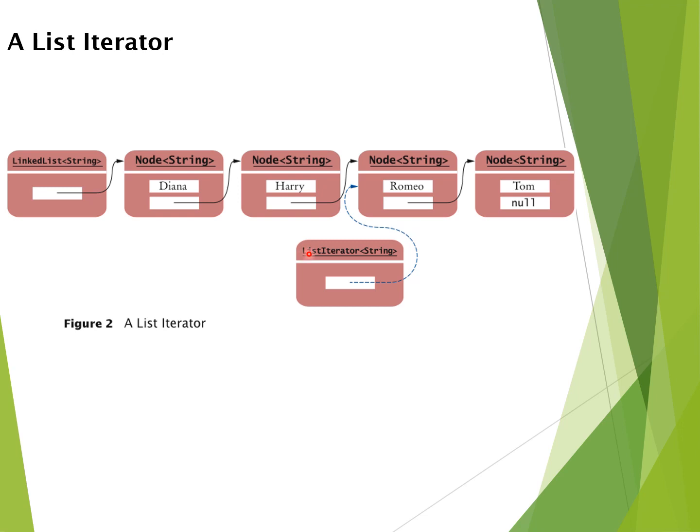As you see, list iterator string has a pointer that points to Romeo. The last thing that I need to mention here in this picture is that the pointer of the last node in the linked list doesn't refer to any string, and it is null, which means it is full zeros.